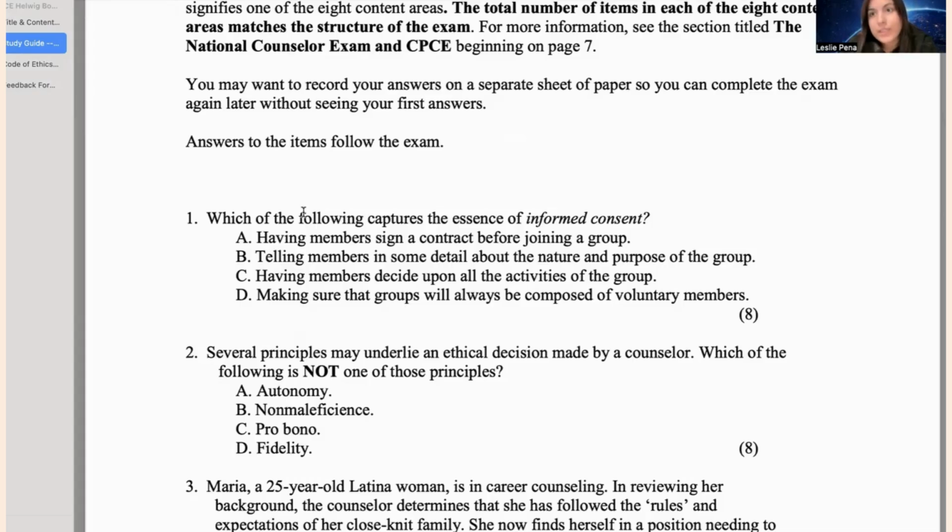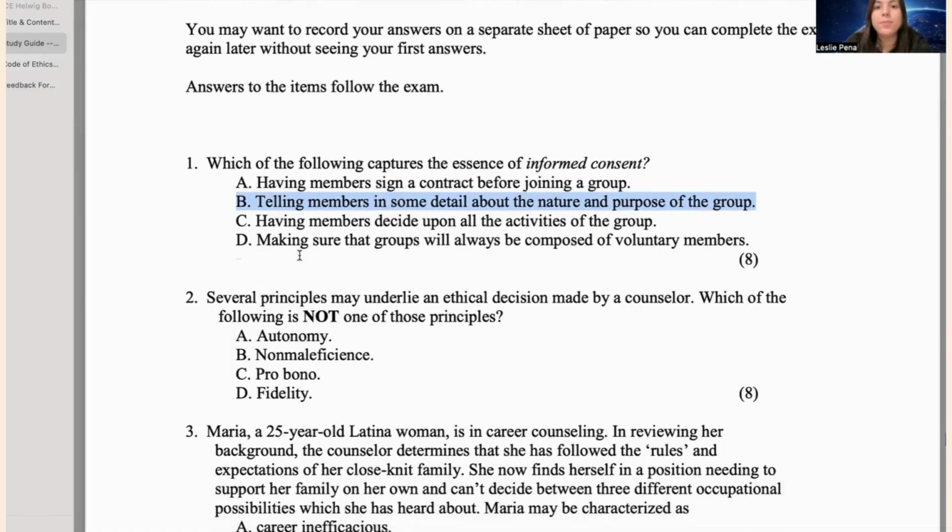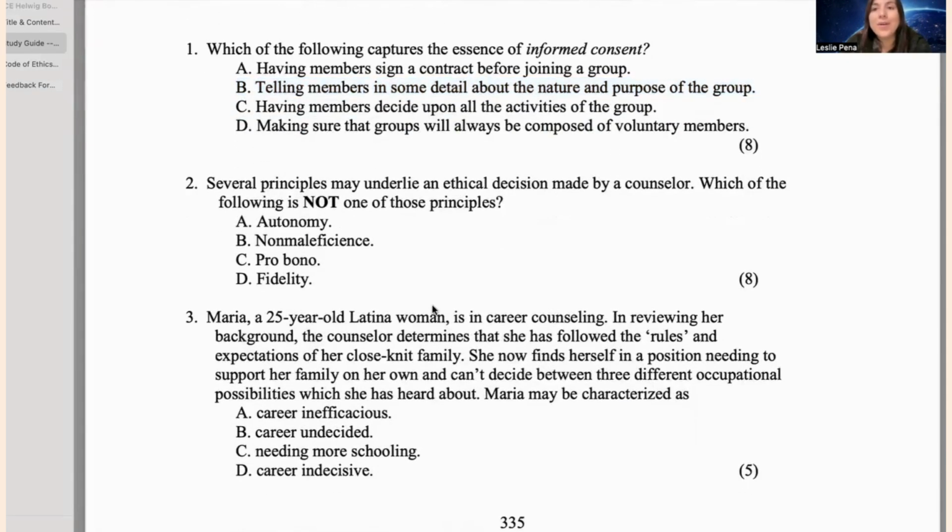Now, what is informed consent? It's making sure they know what they're getting themselves into. So the only answer that corresponds to that would be B. So B, telling members in some detail about the nature and the purpose of the group. Again, I'm not going into a lot of detail. So she says, watch me go into a lot of detail anyway.